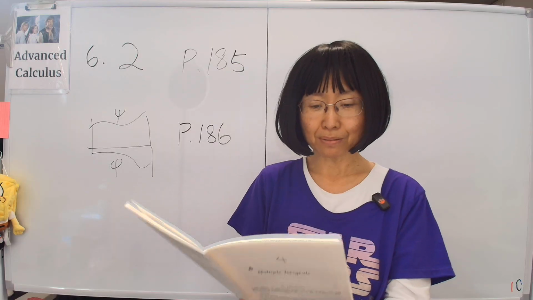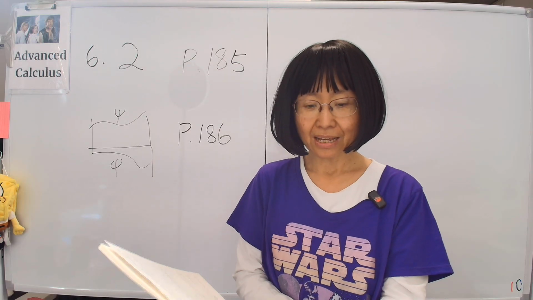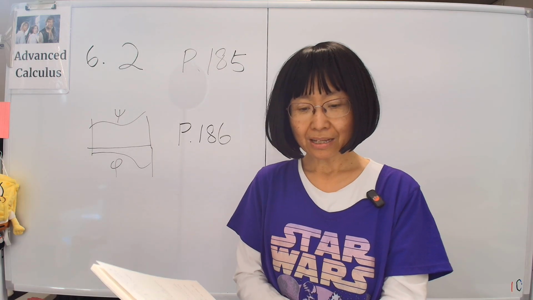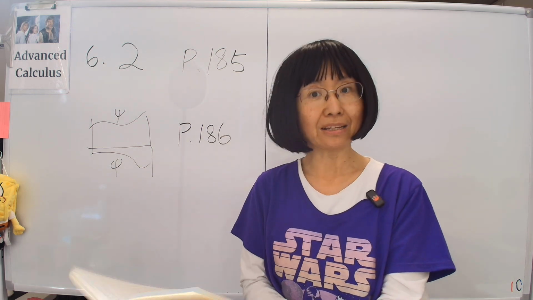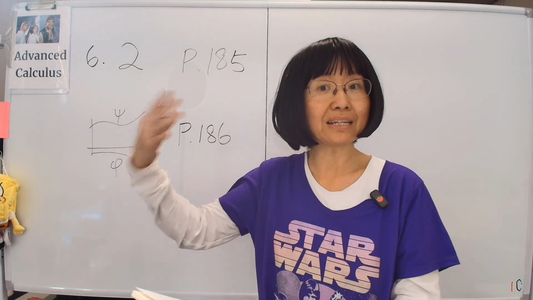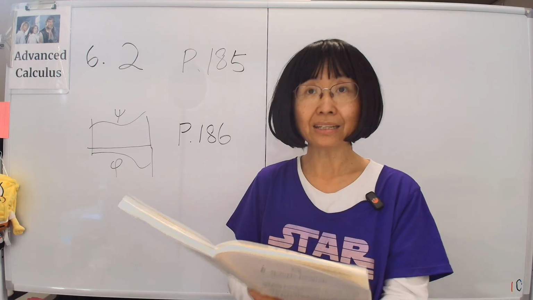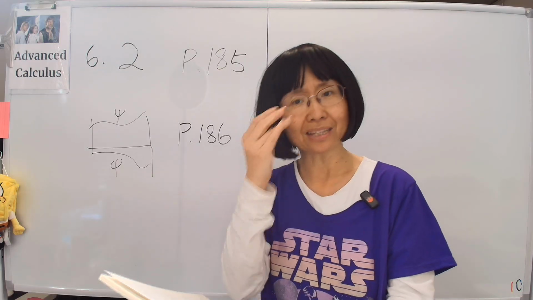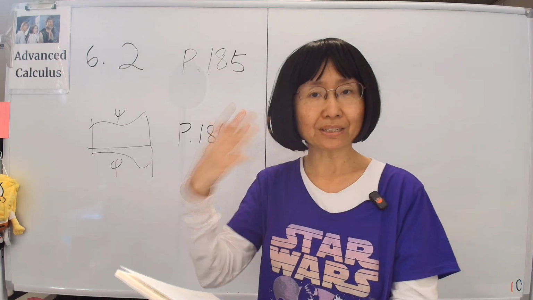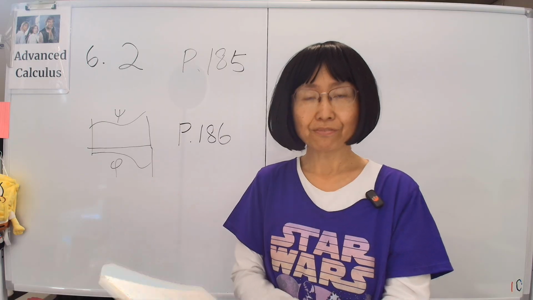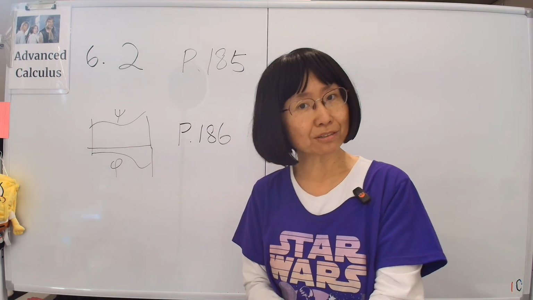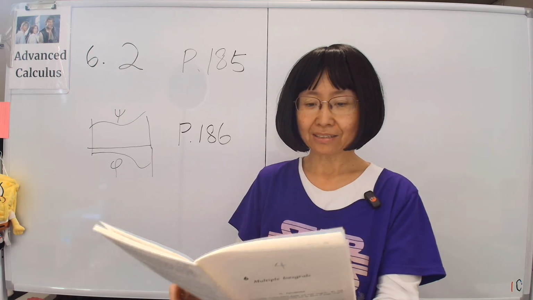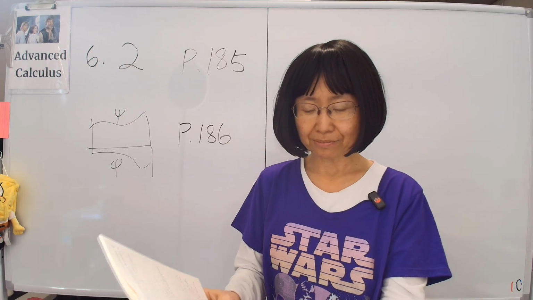That's the first postulate. The second postulate says if a solid A1, which has volume V1, is part of a solid A2, so the one solid is completely inside the other one, okay, and contained, then V1 is going to be less than or equal to V2. All right, so that is the second postulate.